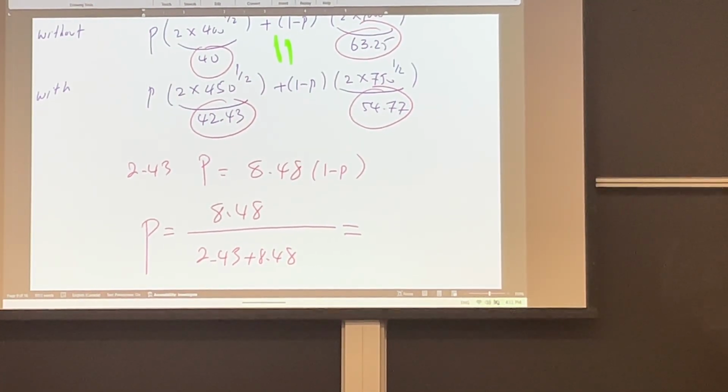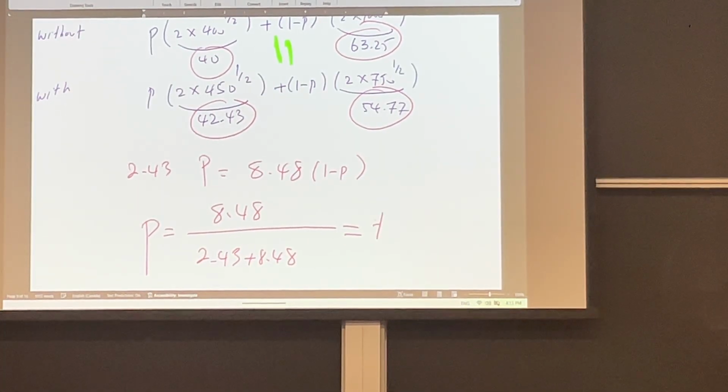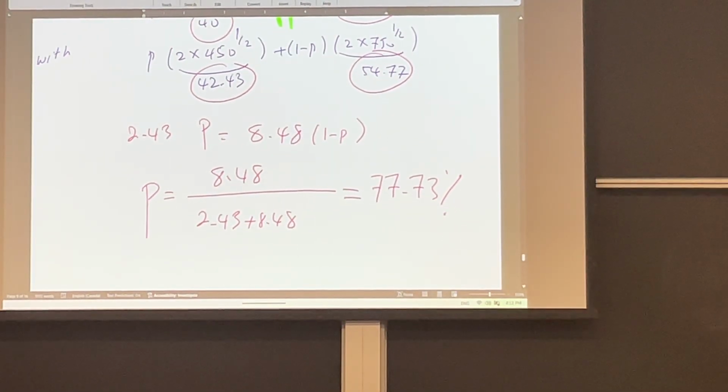I know it's more than 60%, probably not marginally. What do you get? 77? That's the probability that makes you indifferent between buying the 50% coverage.